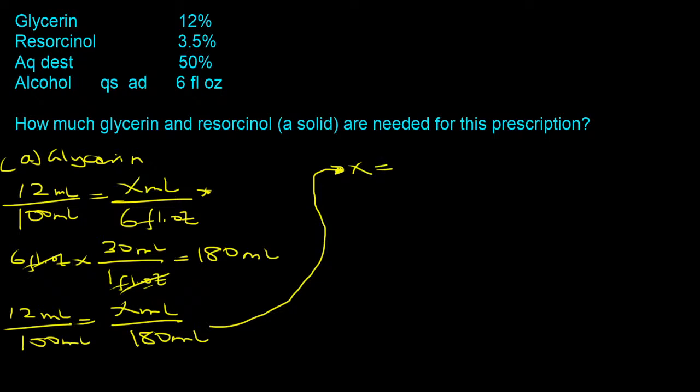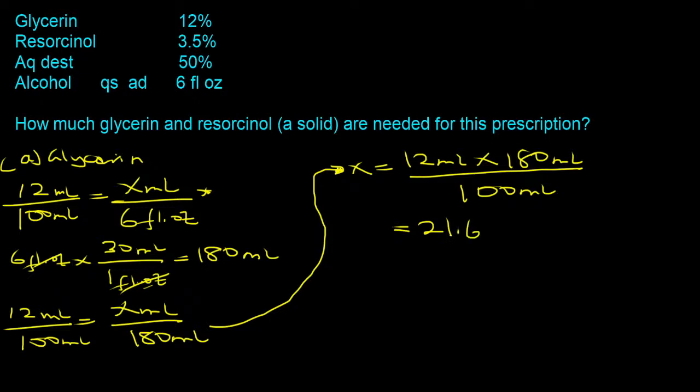So X equals 12 milliliters times 180 milliliters divided by 100 milliliters. And so X is going to be equal to 21.6 milliliters. All right, good stuff.